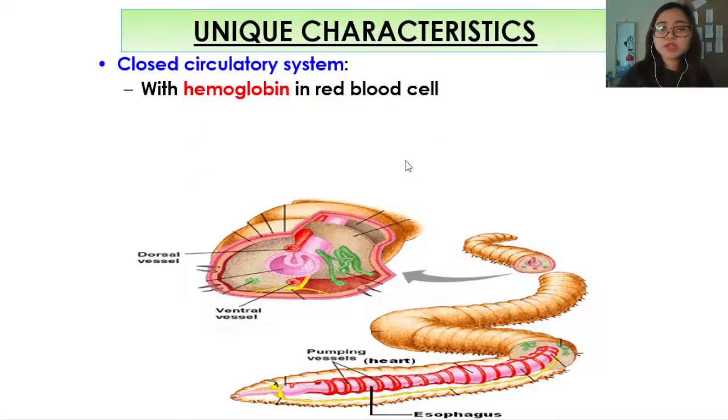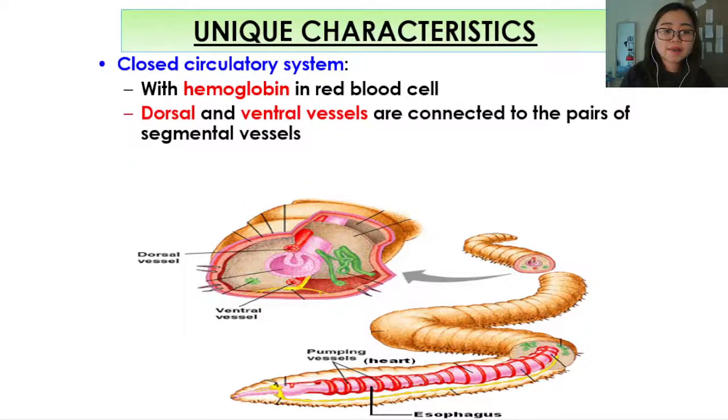Another unique characteristic that makes annelids such nice worms is that they have a closed circulatory system. Dia ada saluran darah yang tertutup. Saluran darah, of course, and they have hemoglobin in their red blood cells, kind of like us. They have dorsal and ventral vessels that are connected to the pairs of segmented vessels.